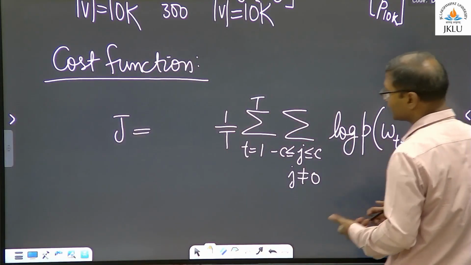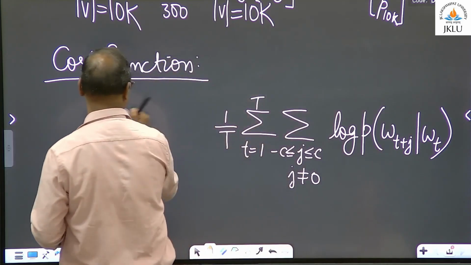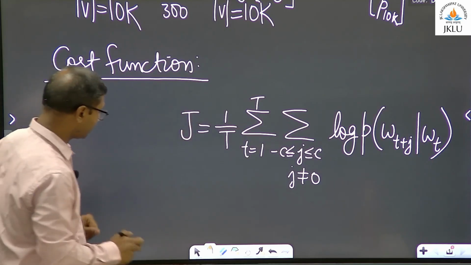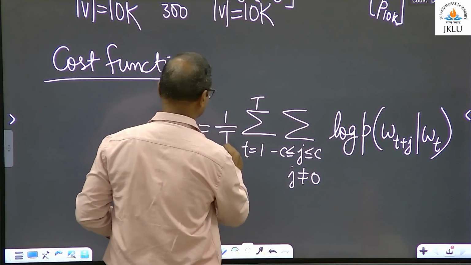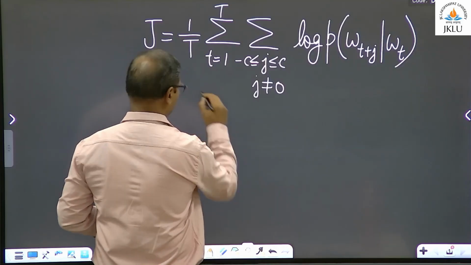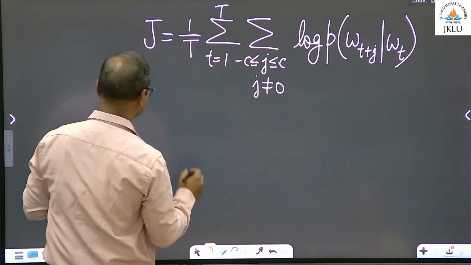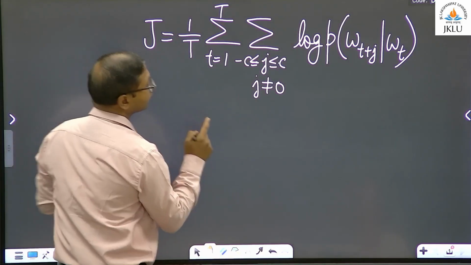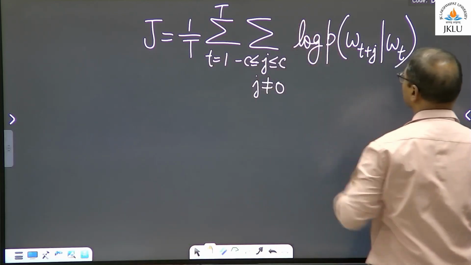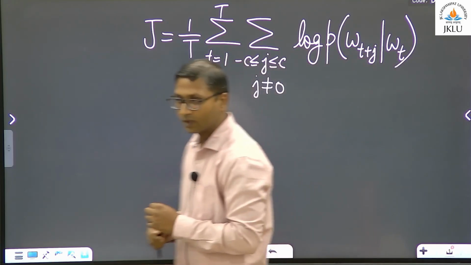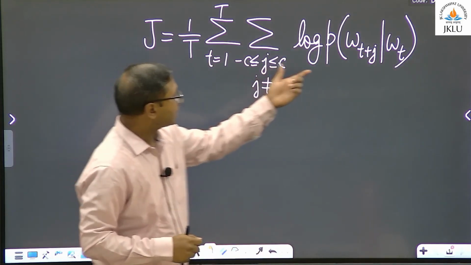What is this cost function? I have just written the final term. How will you get it? Forget log right now. What is P of W(t+j) given W(t)?